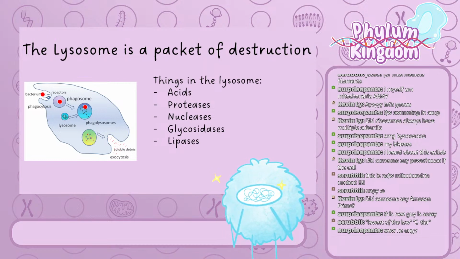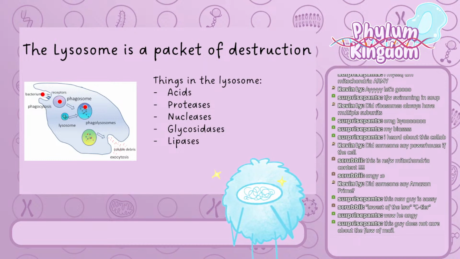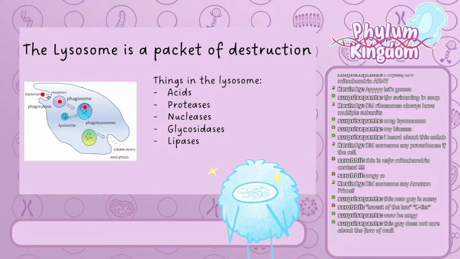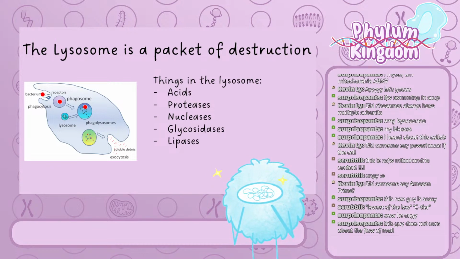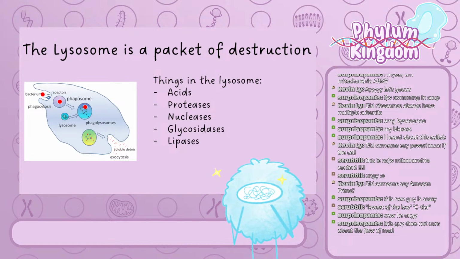It's the cell's digestive system, and it's got a whole bunch of cool things in it. Things in the lysosome include acids, proteases, which are enzymes that chop up protein, nucleases, which chop up DNA, glycosidases, which chop up sugar, and lipases, which chop up fat.